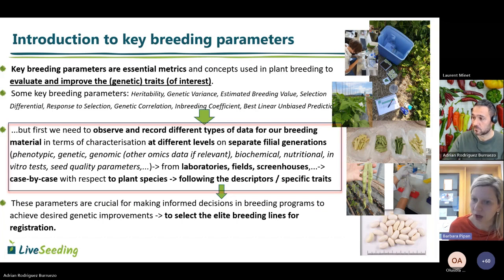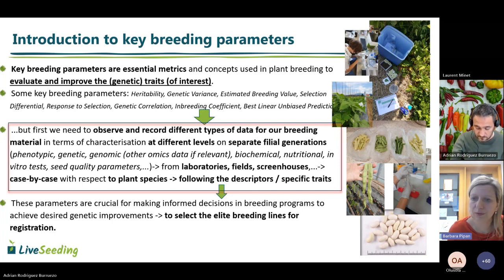And this is quite a complex thing. Imagine that we record the data and results on the field and in the screen houses, we have the laboratory results from marker-assisted selection, and then we have to combine all the data together, put them on a common denominator and finally select the best one.